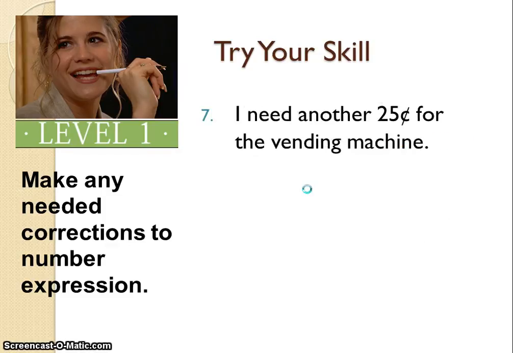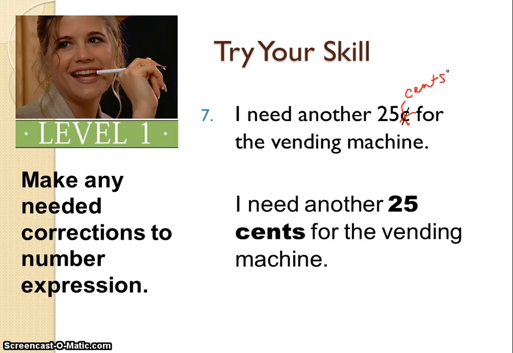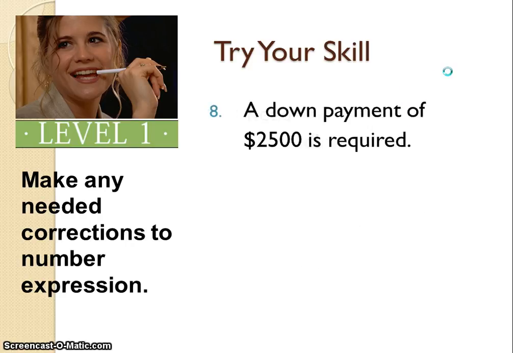I need another 25 cents for the vending machine. They don't recommend you use this right here. It's too close to the letter C. So we're going to write cents. Okay, a down payment of $2,500 is required.